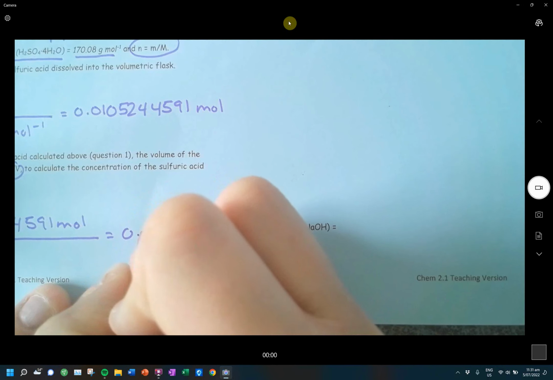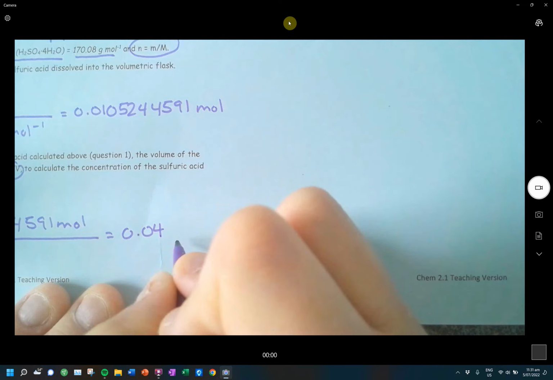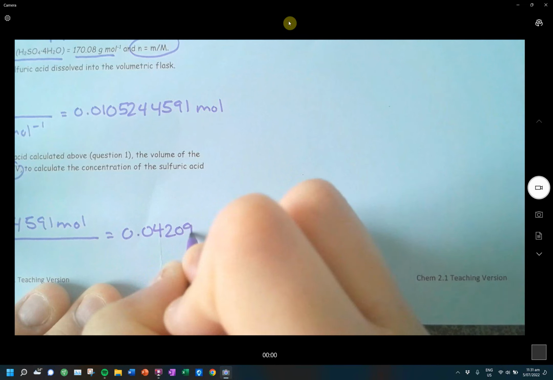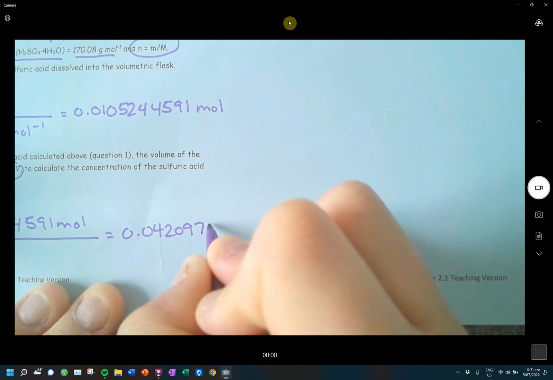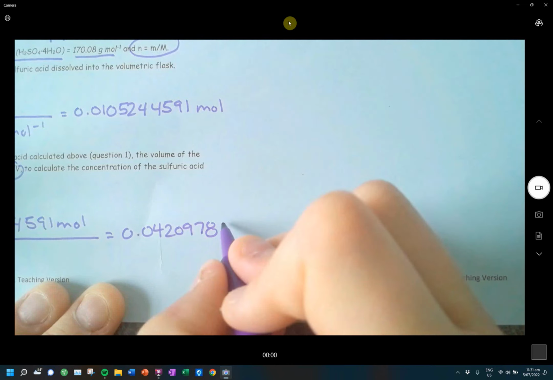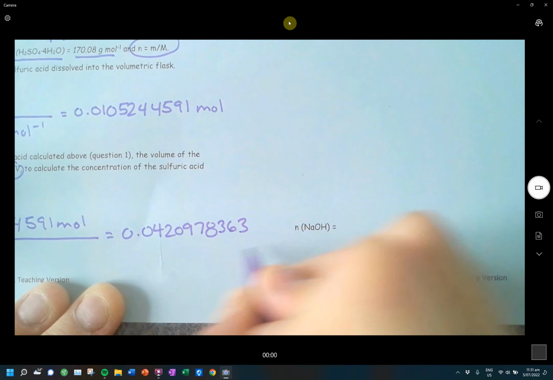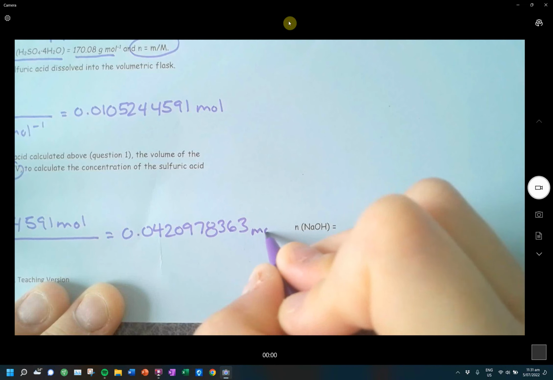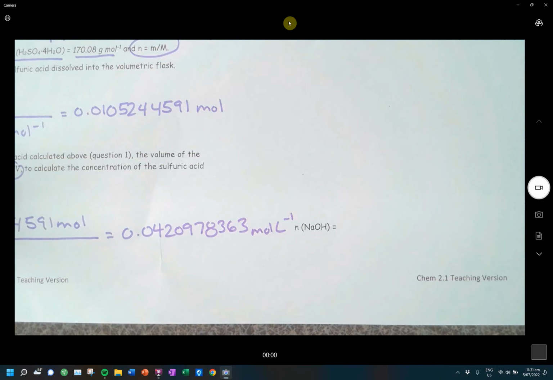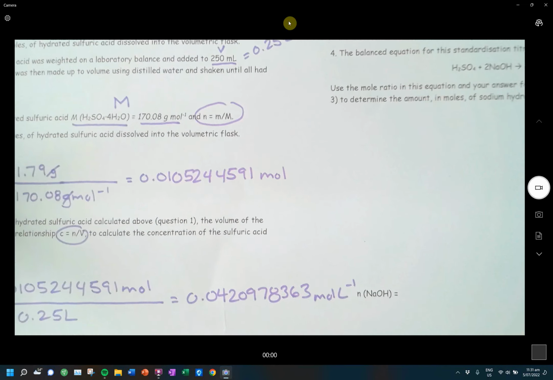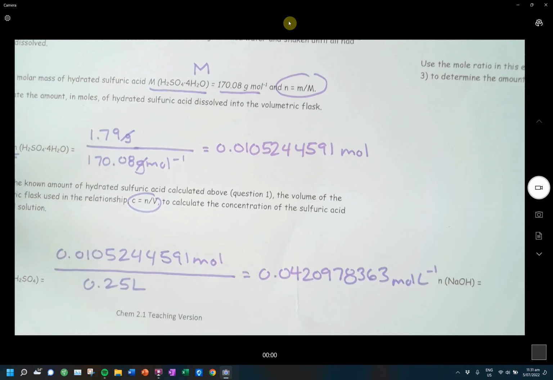So 0.0420978363, and that's moles per liter. We good so far? All right, I'll leave that up for a second for you guys to make sure you got that down.